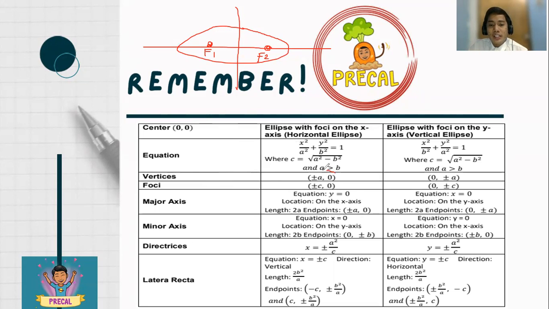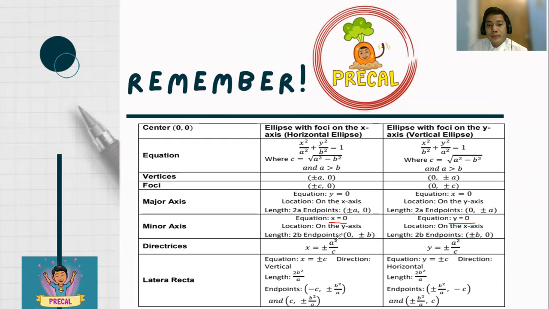For the vertices, here are the formula: positive negative a, 0, positive negative c, 0. Comparing it to a vertical ellipse, it is 0, positive negative a, 0, positive negative c. For the major axis, the equation is y is equal to 0, or it is the x-axis itself. For the vertical ellipse, we have x is equal to 0, or it is the y-axis itself. The minor axes are also contrast.